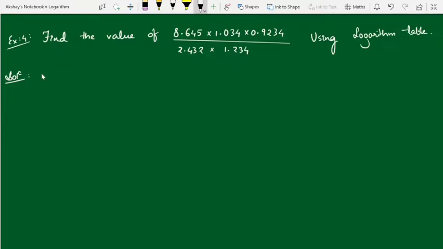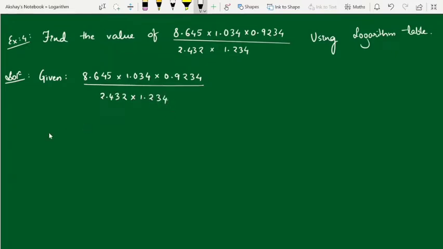So let me write over here, given: 8.645 into 1.034 into 0.9234 all divided by 2.432 into 1.234.